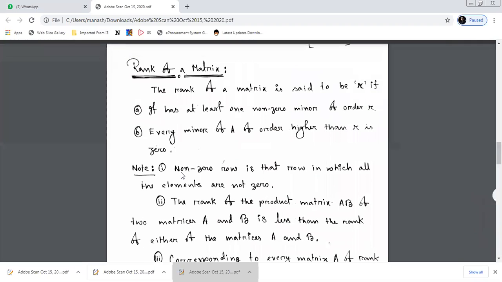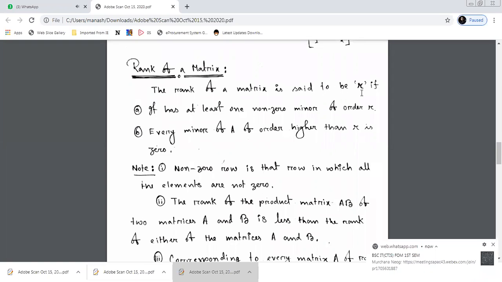Rank of a matrix. Okay, see here. The rank of a matrix is said to be R if it has at least one non-zero minor of order R. Second step is what?